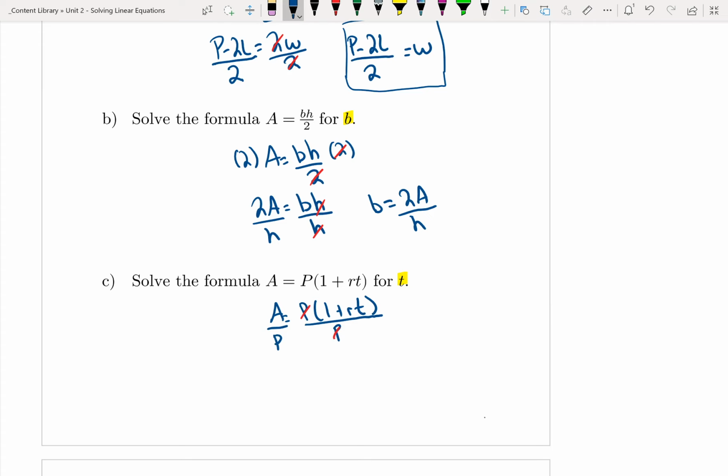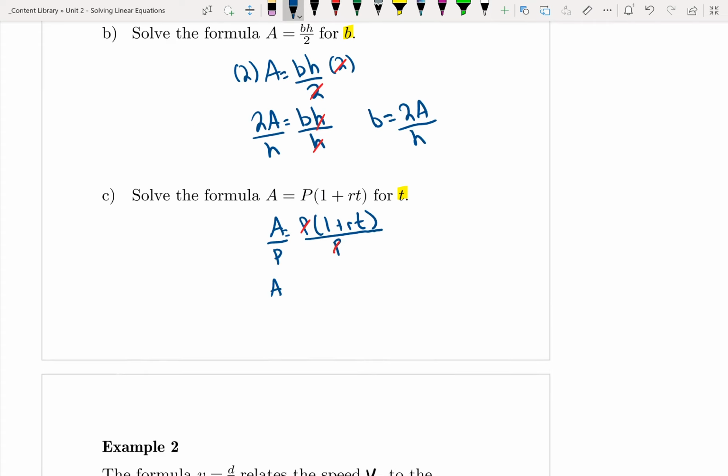One side will cancel out. I'm left with A over P is equal to 1 plus RT. If I want to cancel out the 1, I need to subtract 1 from both sides. So that leaves me with A over P minus 1 equals RT.